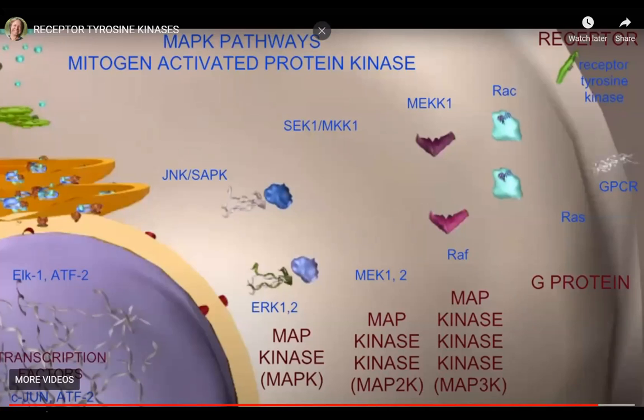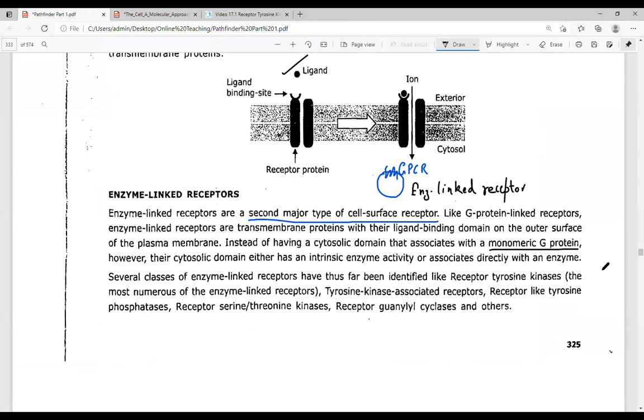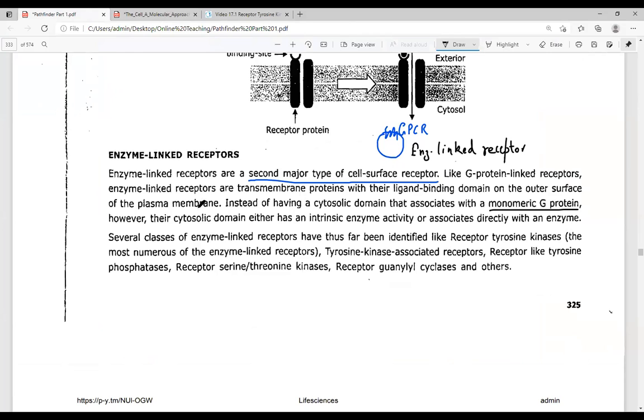Okay, moving forward. However, their cytosolic domain either has an intrinsic enzyme activity or is associated directly with an enzyme. Now, on the basis of whether the cytosolic domain has an enzymatic activity or not, the enzyme linked receptors can be of the following types.